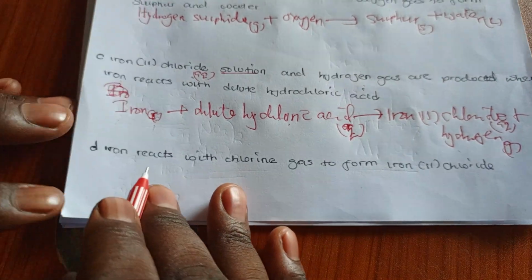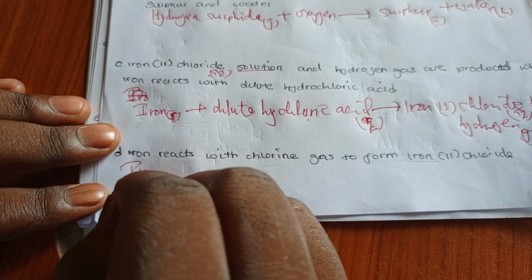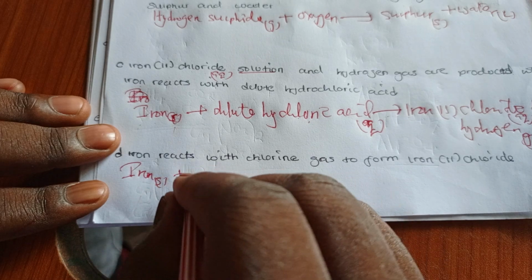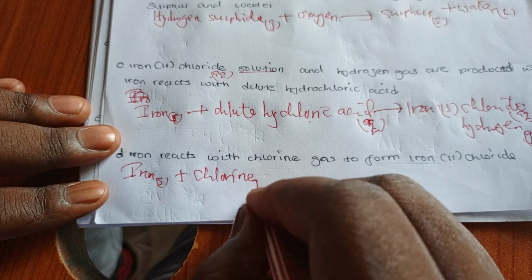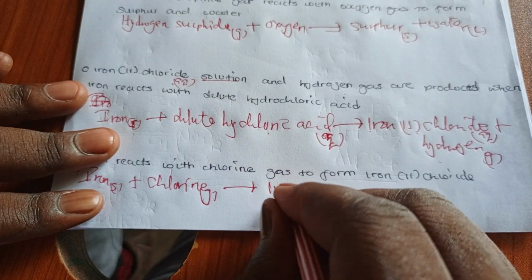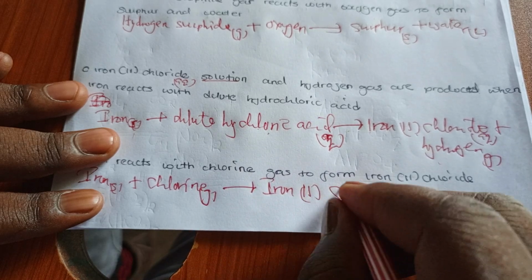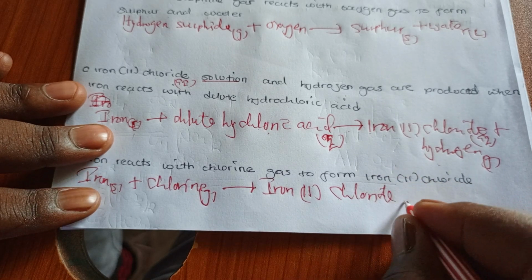Then question D, they are saying that iron, solid, reacts with chlorine gas to give us iron(II) chloride.